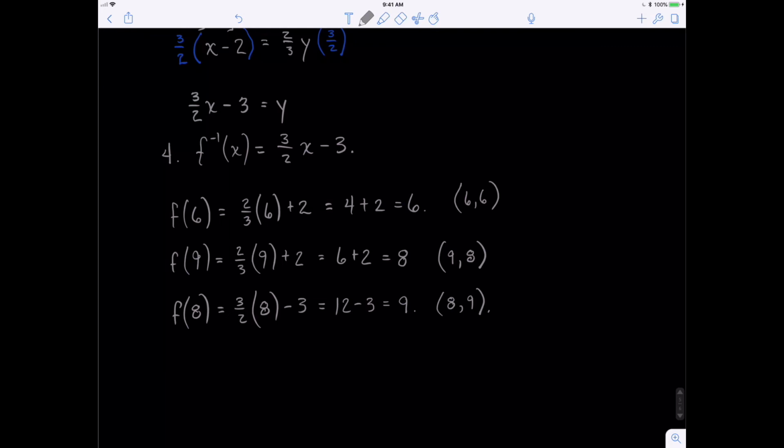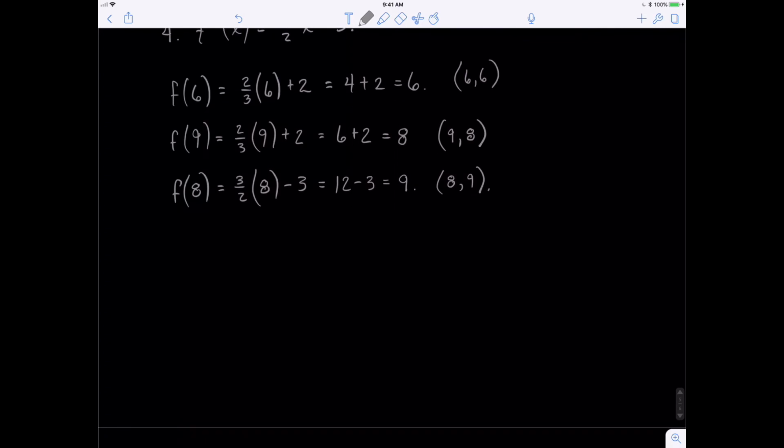Now, let's do one more thing. Let's try composing the functions. So what if I take f of f inverse of x, and then we're also going to try f inverse of f of x.